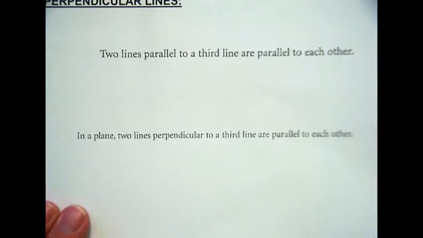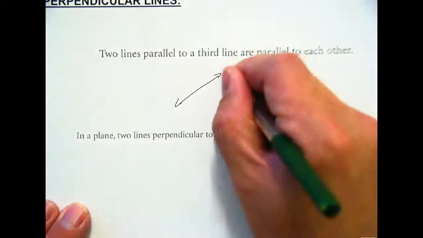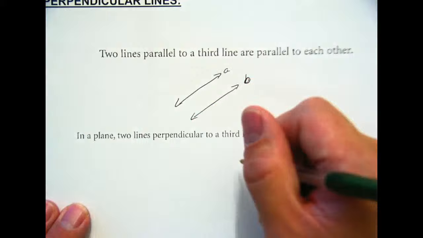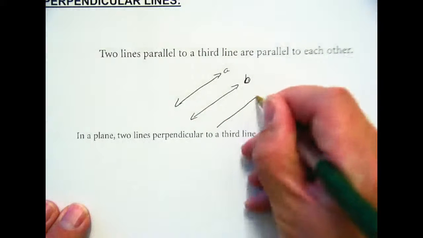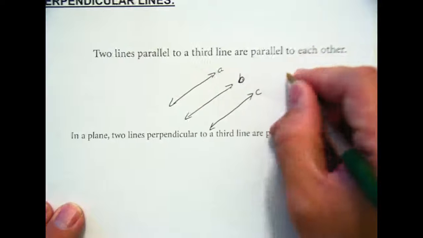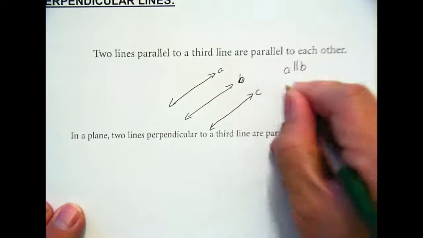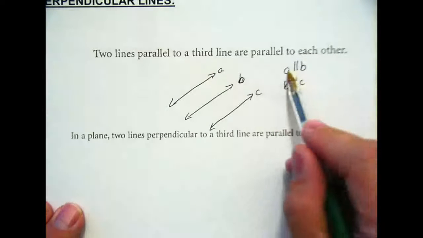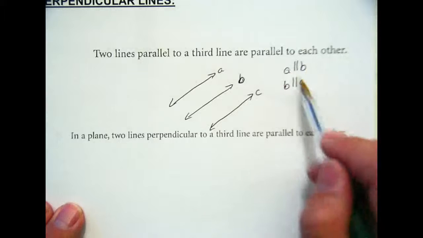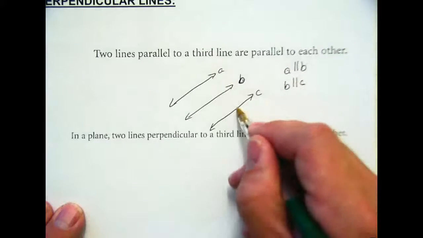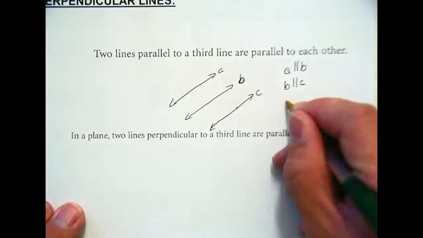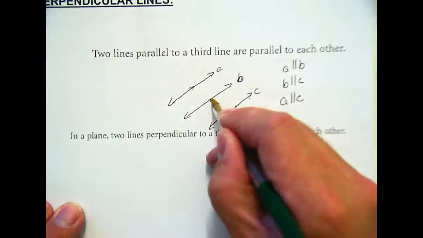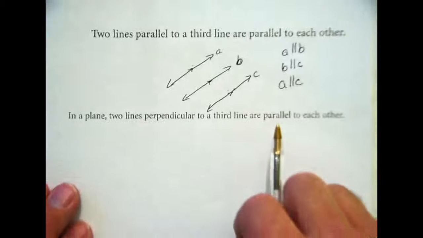So if line A is parallel to line B, and line B is parallel to line C, so if I know A is parallel to B, and I know B is parallel to C, then I automatically know that since A and C are parallel to the same line, then that means A is parallel to C. So since that's parallel to that, and that's parallel to that, then those two have to be parallel. Okay, that's kind of one of those duh statements, right?